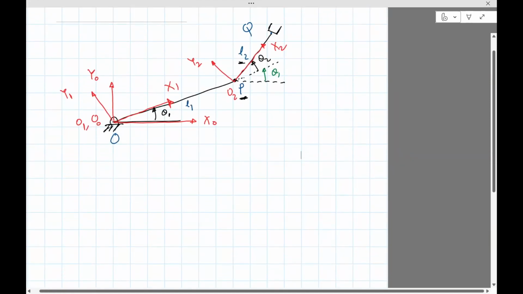Okay, so remember the formula I wrote earlier was the position.